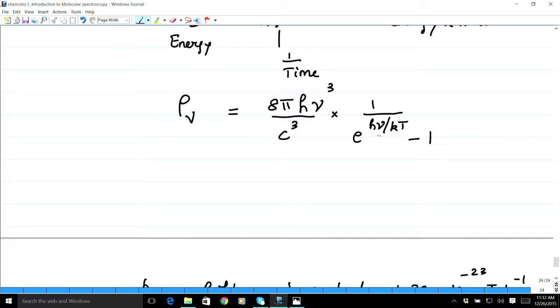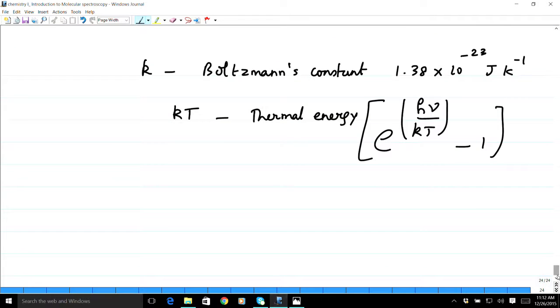Anyway, any exponential sign, etc., should have factors which are dimensionless. But here, if you look at the dimension of rho nu, it is h nu cube by c cube. So, let me write that as h nu, nu square by c cube.